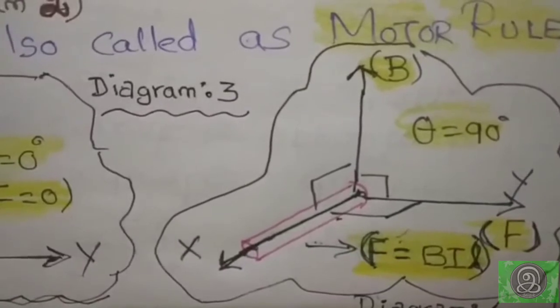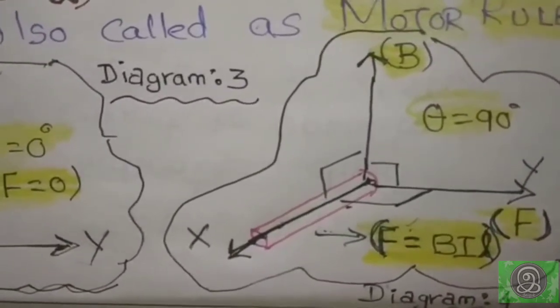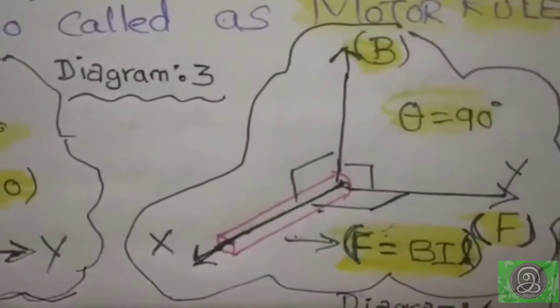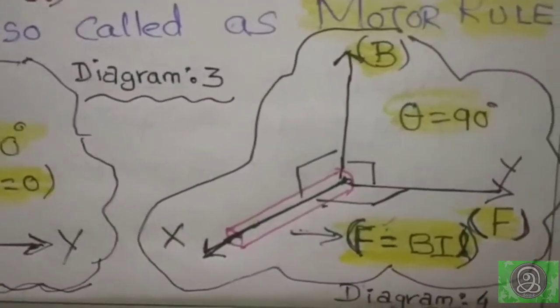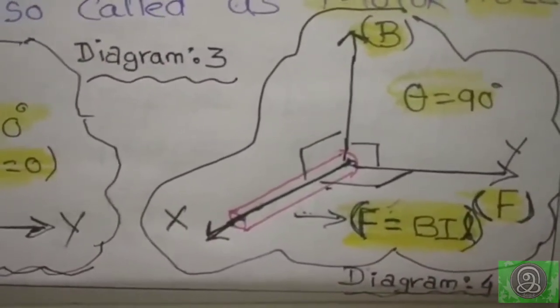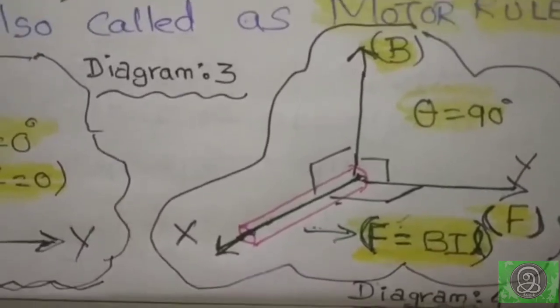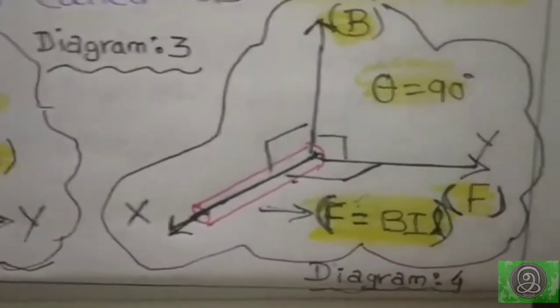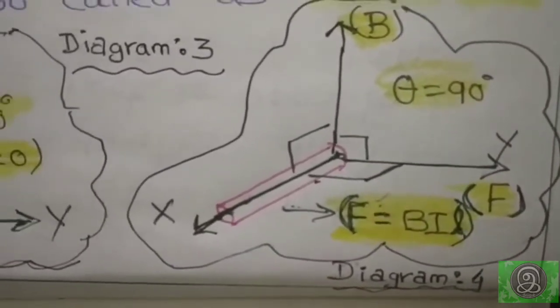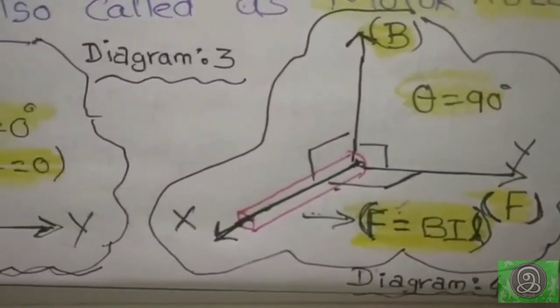Here the conductor is placed along x-axis. It is perpendicular to the direction of magnetic field B, which is along z-axis. So theta equal to 90 degree. So the magnetic Lorentz force F vector will be acting along y-axis, which is equal to B I l.